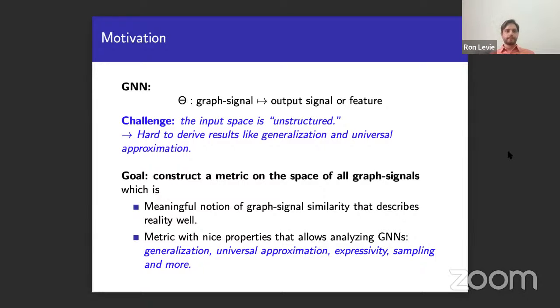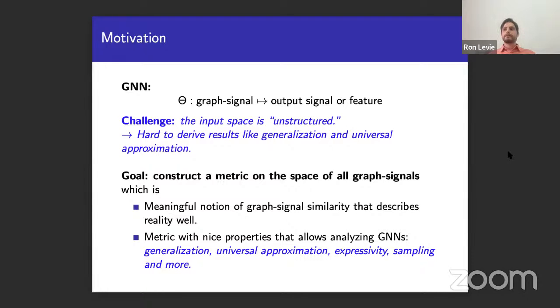The challenge in developing theory here is that it's not clear how to define a metric on the input space, because graphs can be of any size and any topology. So how do you compare a general pair of graphs?